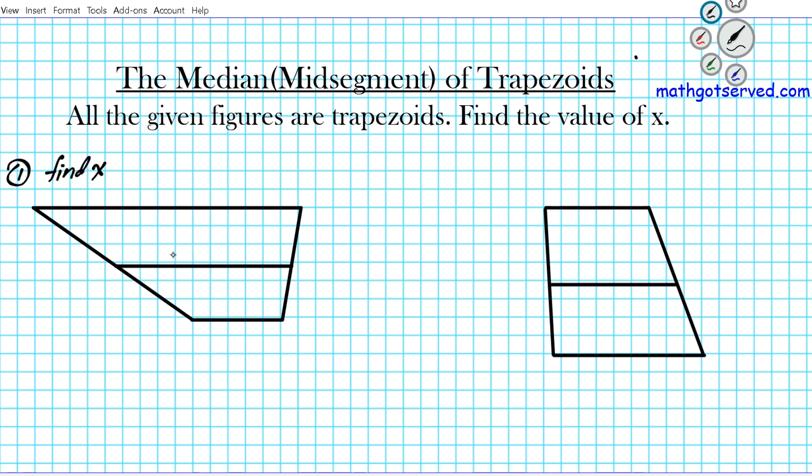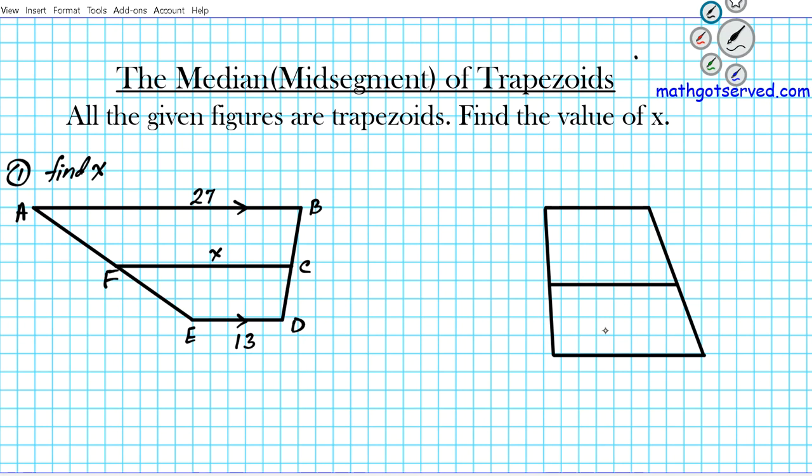We have trapezoid A, B, C, D, E, F. Let's say the longer base is 27 units long and the shorter base is 13, and FC, the median, is x. Just to illustrate that this is a trapezoid, let's mark it appropriately. It has just one pair of parallel sides.